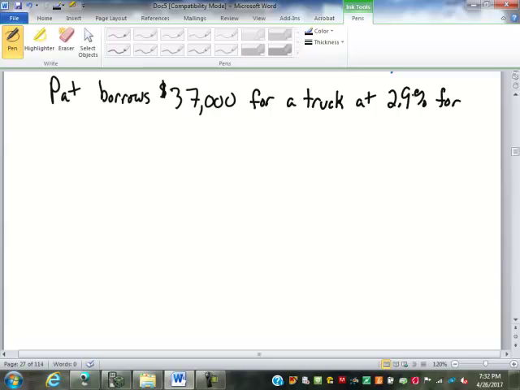Now some of these are stretching out up to 8 years, some of them for 10. Yep. I suppose if you got a $60,000 truck, they have to. We're going to stretch this one out for 6 years. Find the monthly payment.